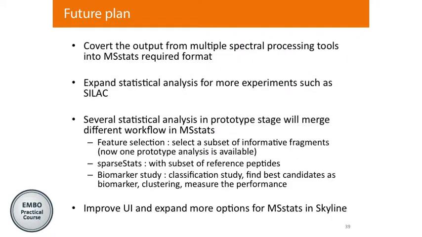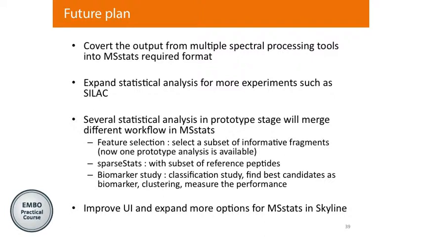And then the future plan for MSstats: we are starting to work on MaxQuant output for more DDA data. We take the output from MaxQuant and generate the format for MSstats, and then you can work through the same workflow for your analysis.